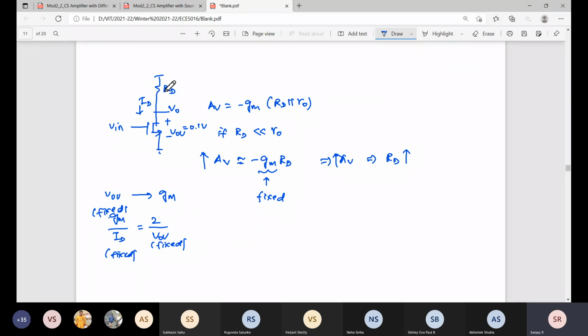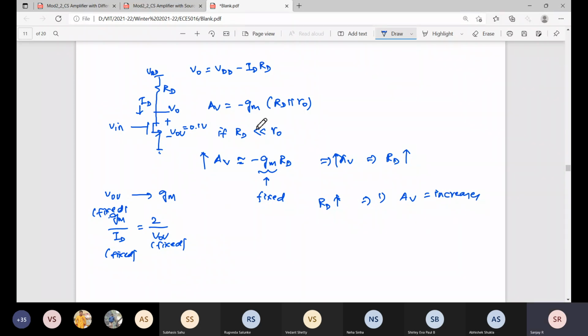If I increase the RD here, the gain will increase, but from a large signal perspective, what is V out? VDD minus ID RD. Increasing the RD increases the gain, but what will be the problem?